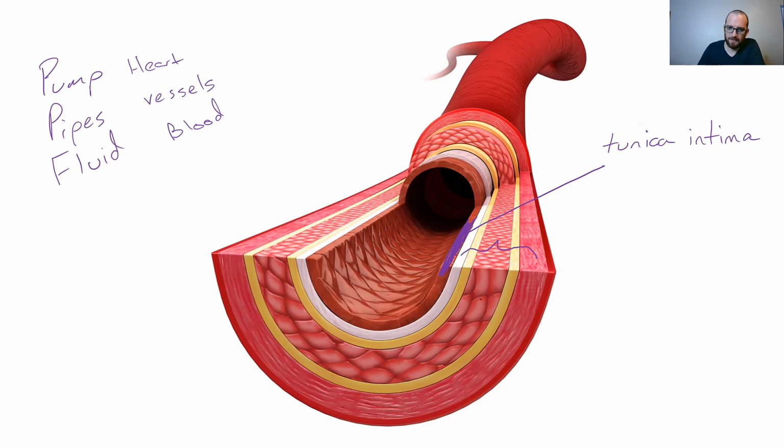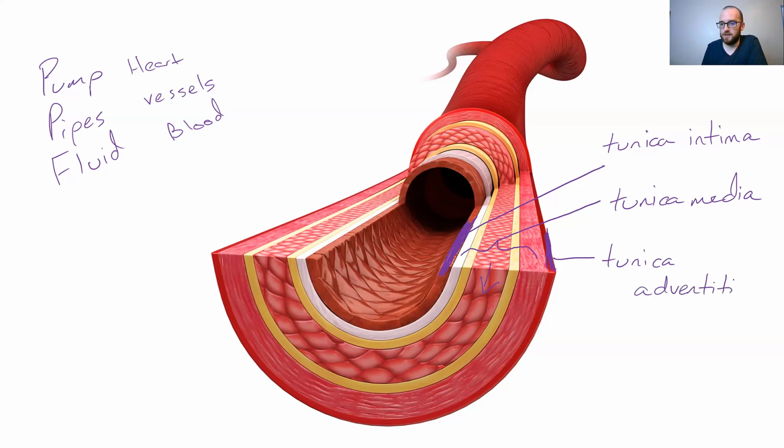You see especially this section that they're trying to show, kind of looks like muscle cells, because we said the middle layer is always the big muscular layer. So that middle layer is the tunica media. And then the outermost layer is the tunica adventitia. So intima, media, and adventitia, inner, middle, and outer.